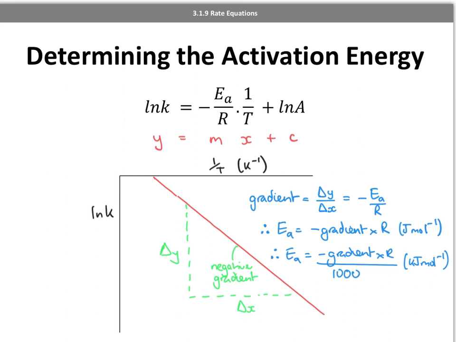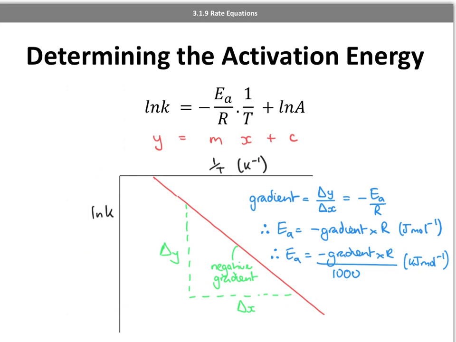So you would do that to start with, and then they would give you a piece of graph paper on the page, quite likely to have the scale for one of the axes already done, quite likely the 1 over temperature scale. You would need to do an appropriate scale for ln k.